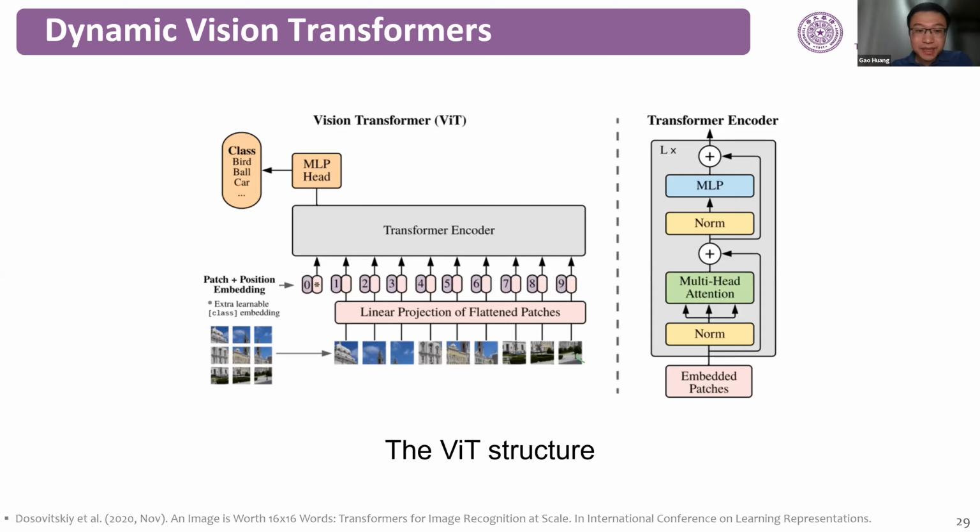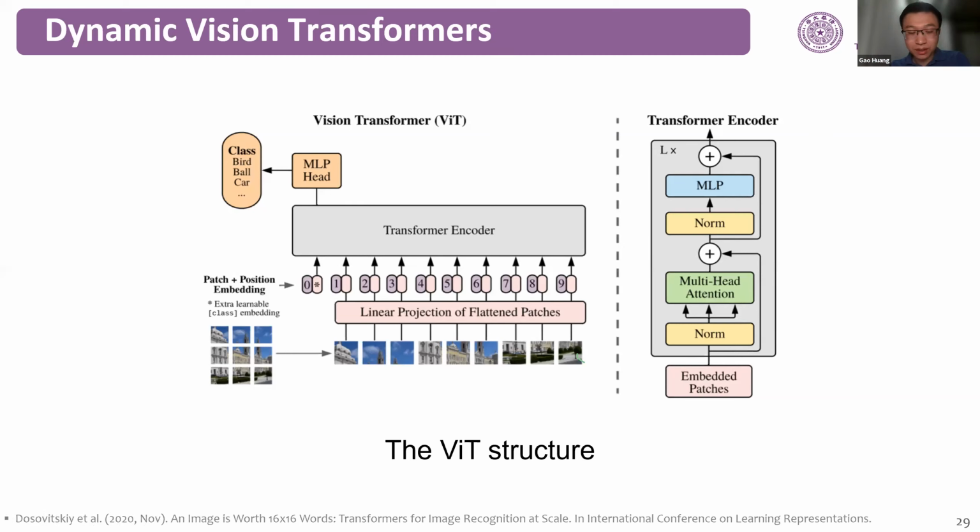So the basic idea is to split each image into many small patches. In the paper, they split each image into 16 by 16 small patches. Each patch is treated as a token, so they have a sequence of tokens.